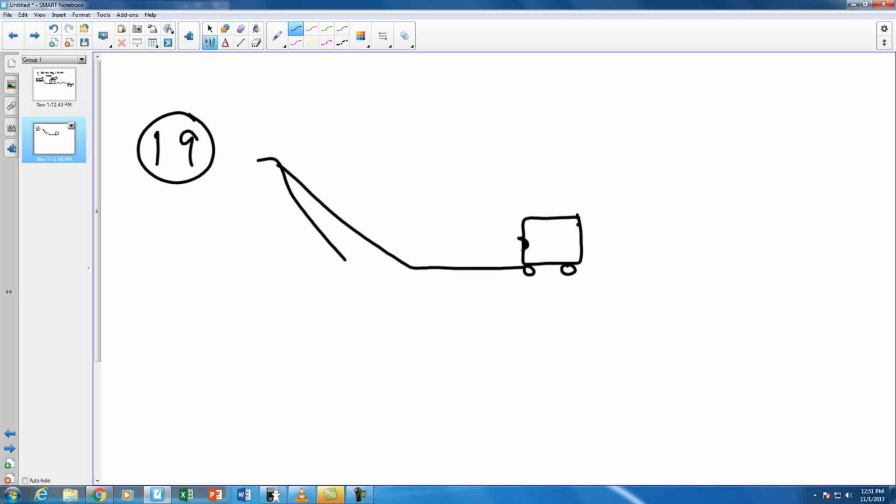Okay, so the idea is up here, the cart has 0 kinetic energy, okay, but the potential energy, we need to figure that out. Well, the potential energy will equal mgh. We're told that the hill has a height of 6.32 meters.